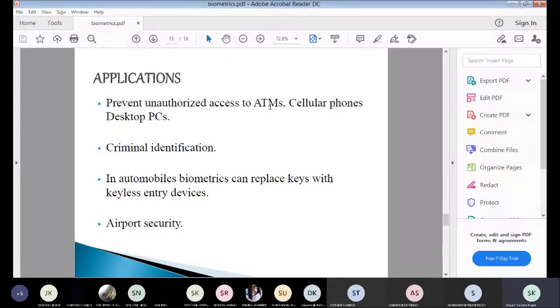regularly, at regular intervals. Criminal identification, right? We are using face and thumb for identifying criminals.